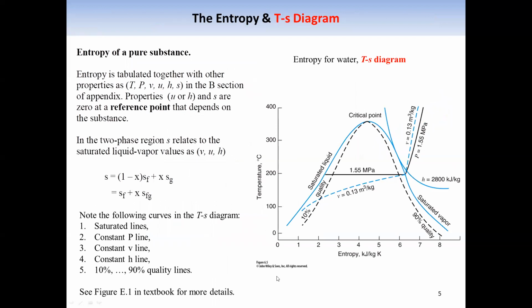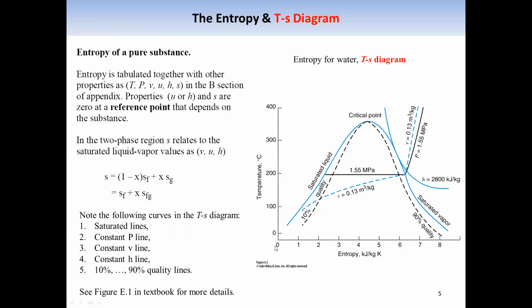Okay. With the understanding that all fluids have a property called entropy at a specific temperature and pressure, we can represent this new property on a diagram called the TS diagram.